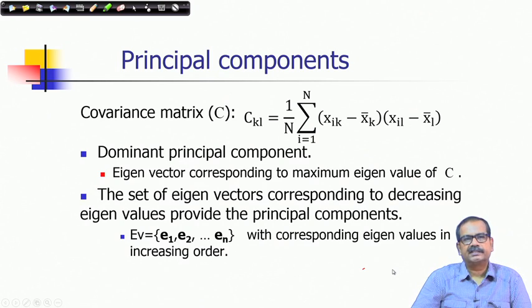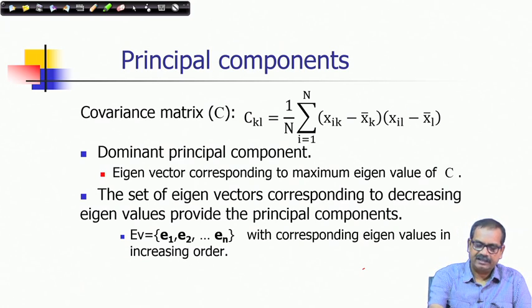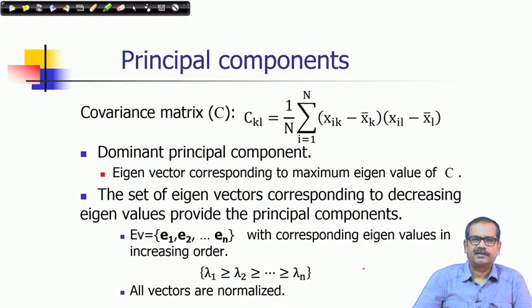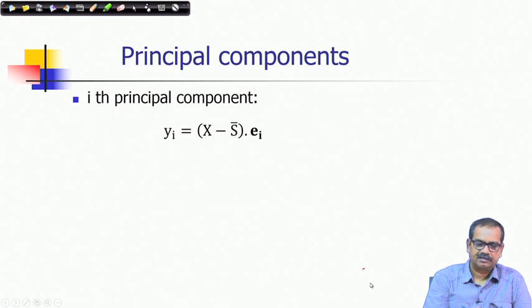Suppose we represent this set as small n number of eigenvectors, E1, E2, ..., En, such that their corresponding eigenvalues are also in decreasing order. So, E1 corresponds to the maximum eigenvalue, E2 to the second maximum, and the minimum eigenvalue lambda n corresponds to the eigenvector En. You should note all vectors are normalized here; we are only considering unit eigenvectors.